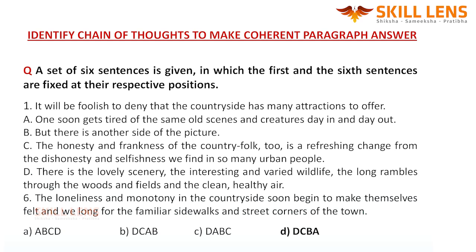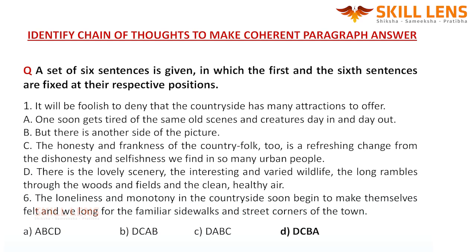We are getting into the specifics of what the attractions are in the countryside. That is discussed in sentence D. It talks about the lovely scenery, the interesting and varied wildlife, the long rambles through the woods and fields, and the clean, healthy air. You will further see the same elaborated in sentence C.